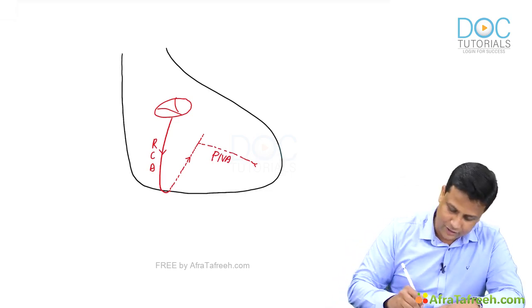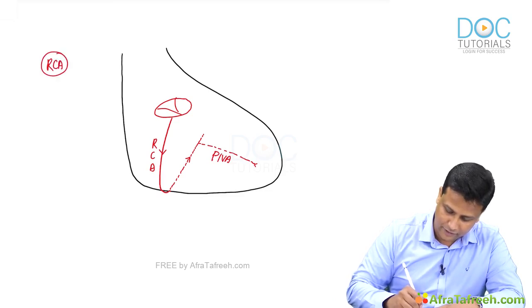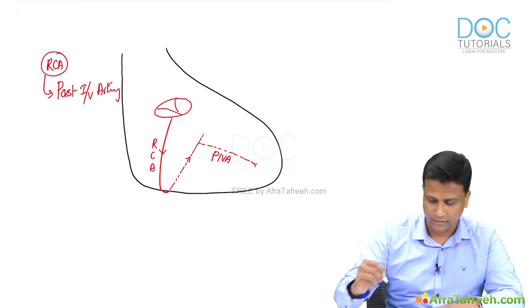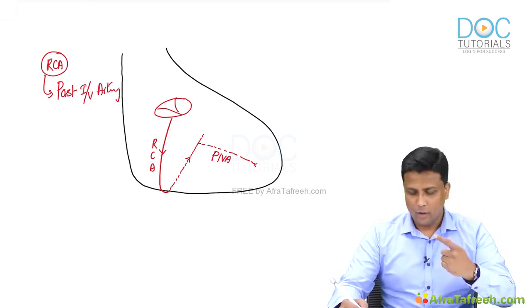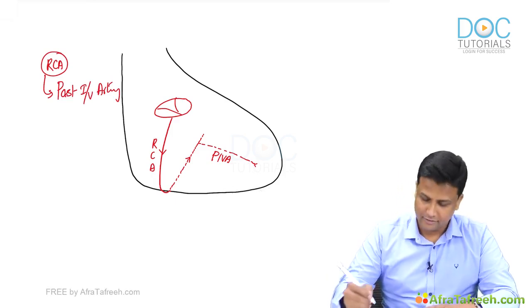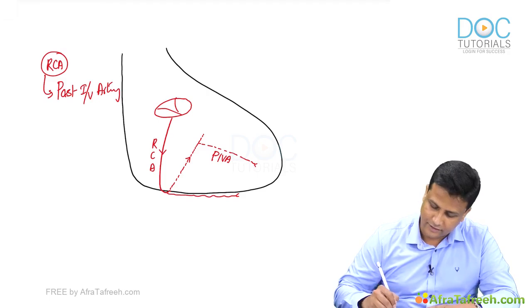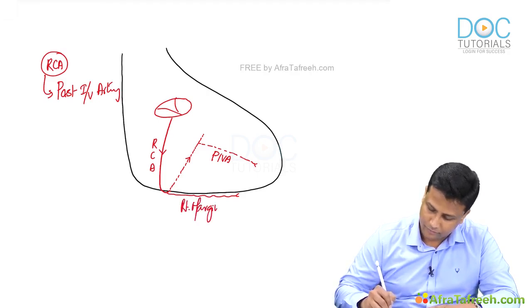Okay. So the first point that you are going to remember here, the right coronary artery will give a branch here, which is the posterior interventricular artery. Point number one. Not only that, while the right coronary artery is taking a turn, it is giving a branch along this margin here. That's the reason why it is known as the right marginal artery.